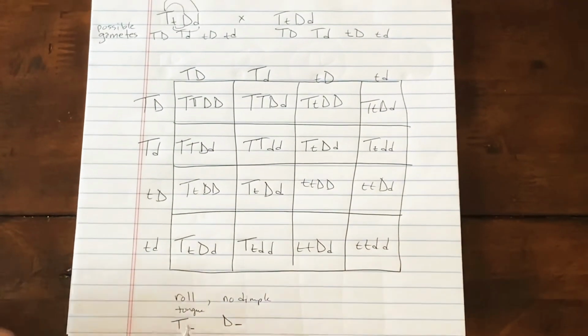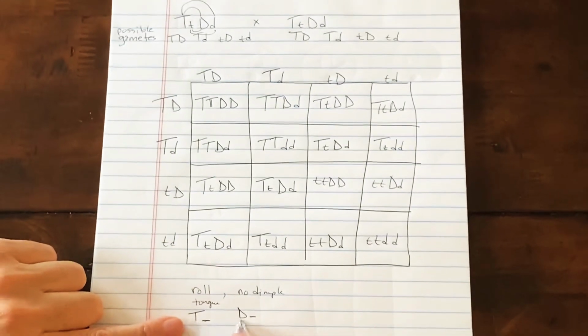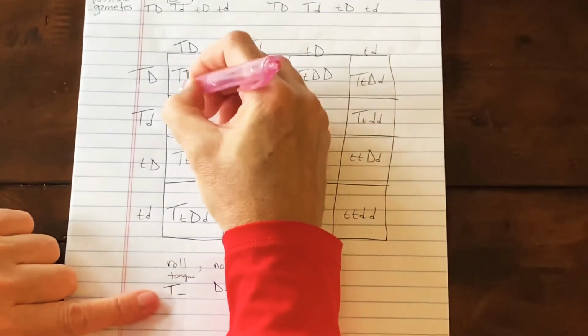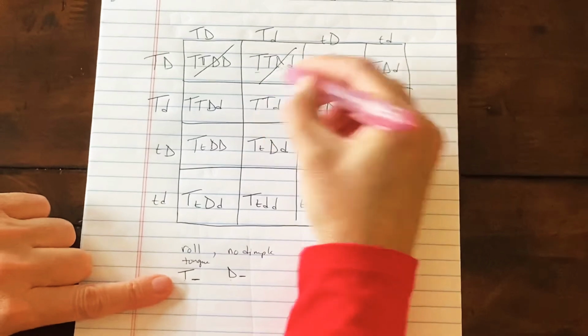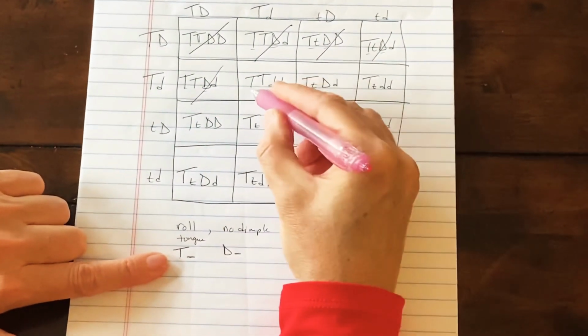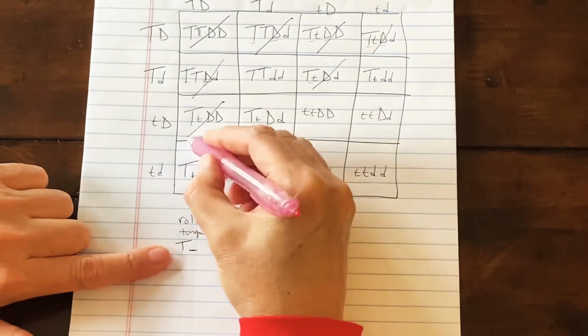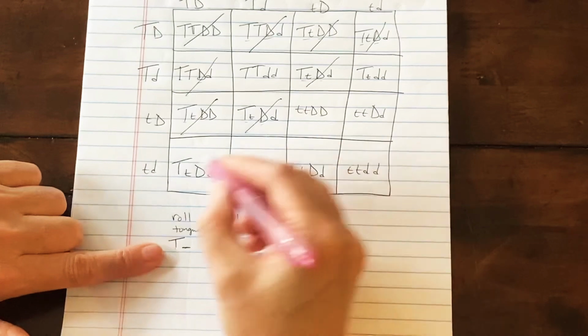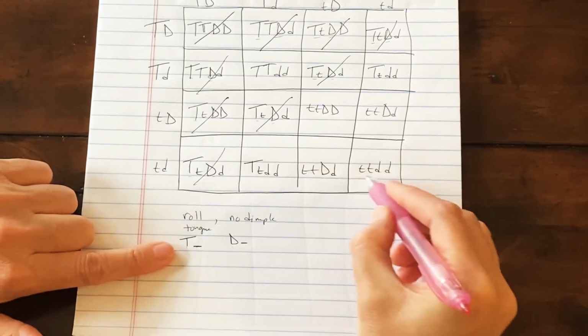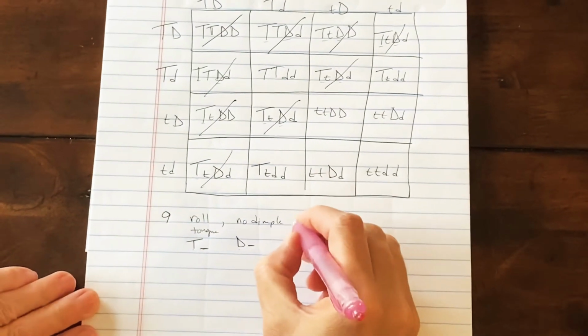So we're going to look for all the genotypes in these 16 squares that have at least one big T and one big D. So there's 1, 2, 3, 4, 5, 6, 7, 8, 9. So 9 of them can roll their tongue and have no dimples.